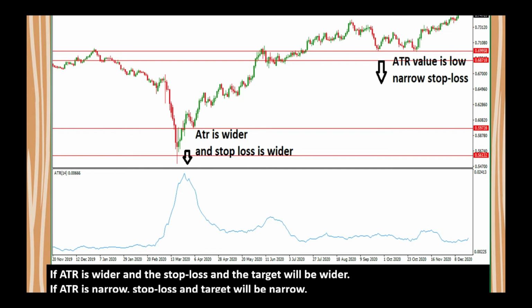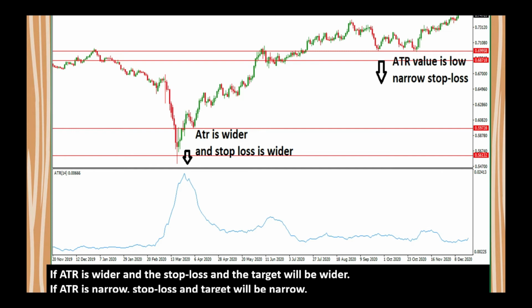So for example, you have a 100 pips average daily true range, and your average stop loss is around 25 pips and your average target 25 pips. But after 2 months, you have an average daily true range of 200 pips. Of course, your stop loss and target will not be 25 pips anymore. They will be 50 pips.